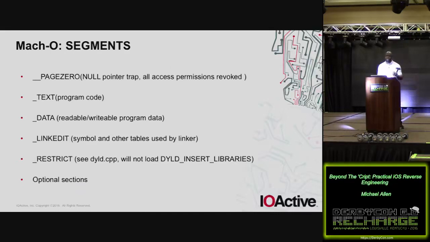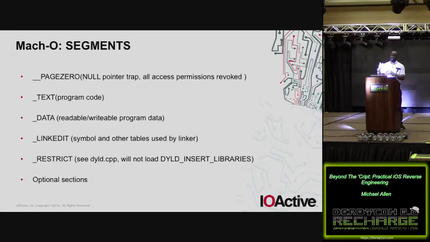And then you have the __TEXT segment, which deals with program code, the __DATA segment, read-writable program data, and __LINKEDIT, symbols, heavily used by the dynamic linker. And then you have the __RESTRICT segment, which prevents you from force loading your own dynamic libraries using the DYLD_INSERT_LIBRARIES environment variable option.